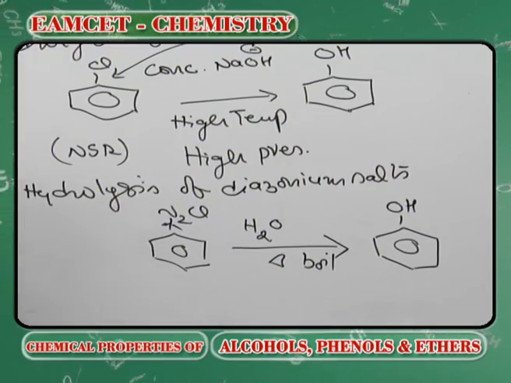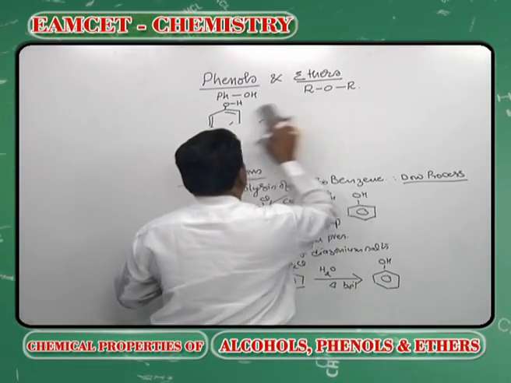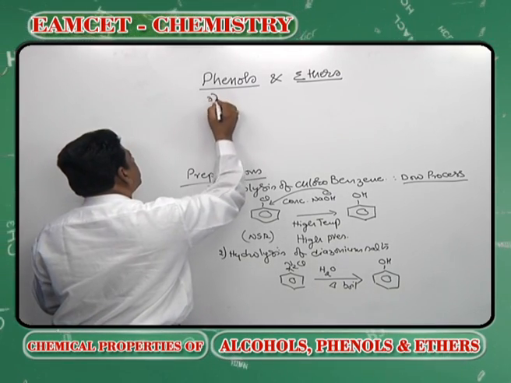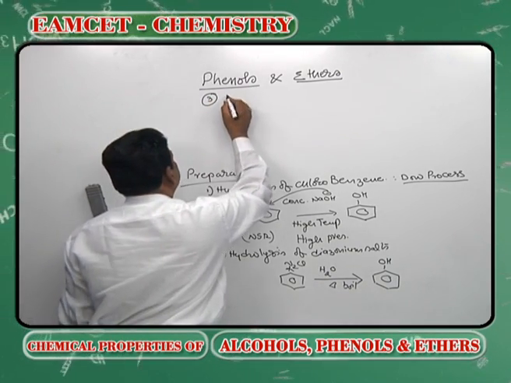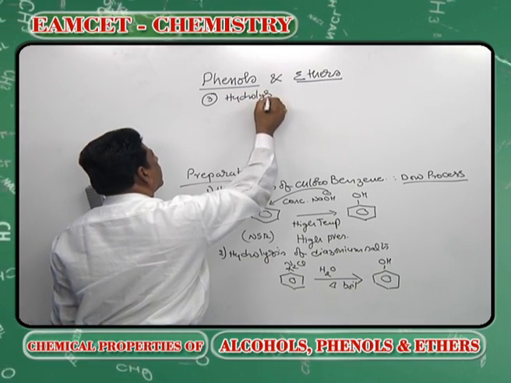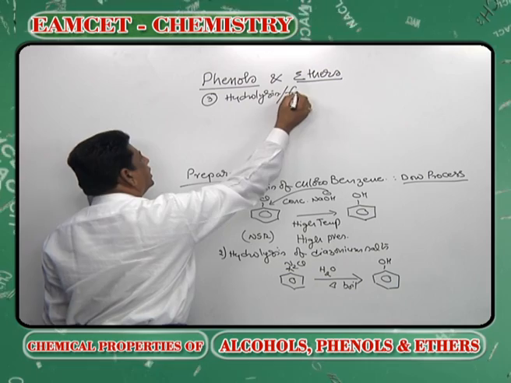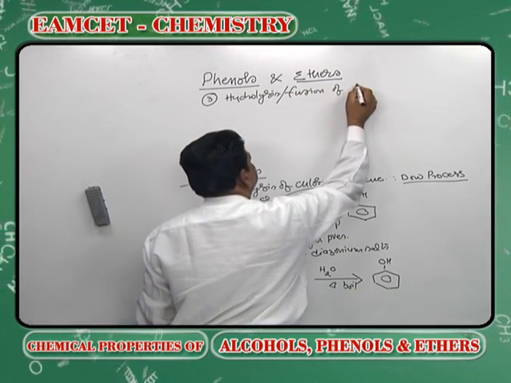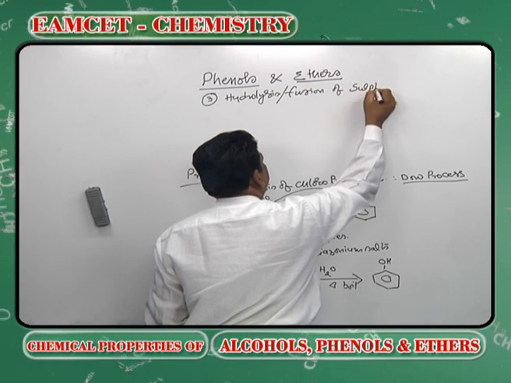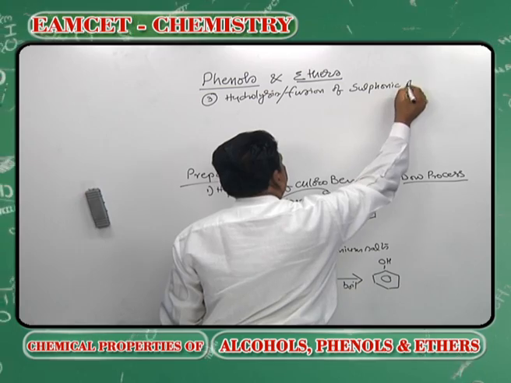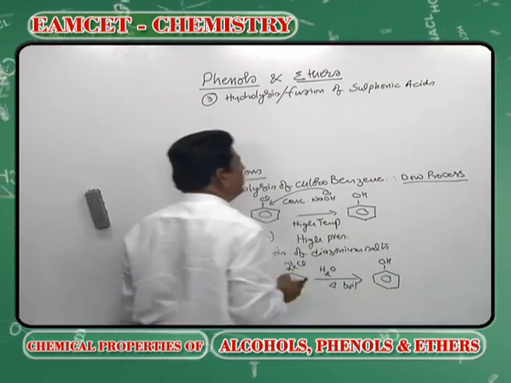Now, let us go for the other methods for the phenol. The third method is hydrolysis or fusion of sulfonic acid; benzene sulfonic acids give phenols.